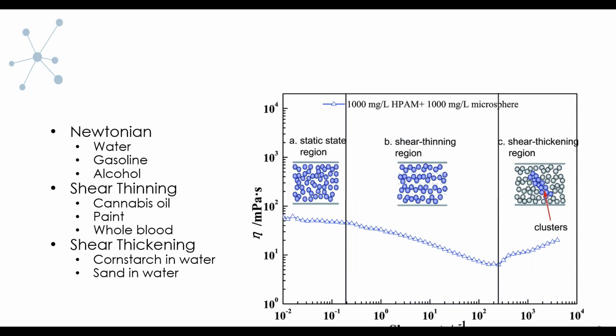Getting into a little bit more detail of Newtonian and non-Newtonian interactions at the molecular level, we can look at section A here. In a static state, the molecules are random.